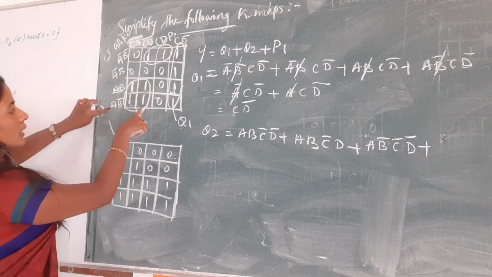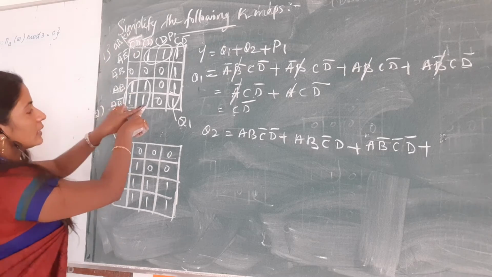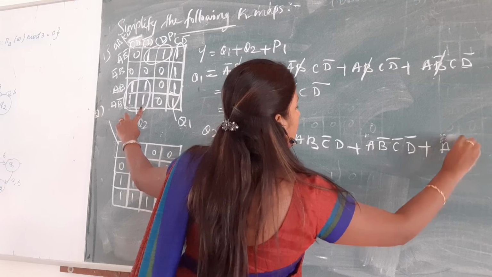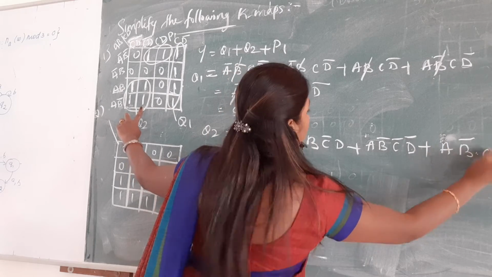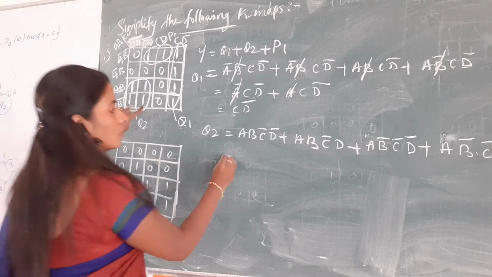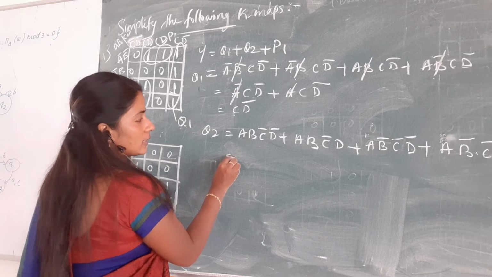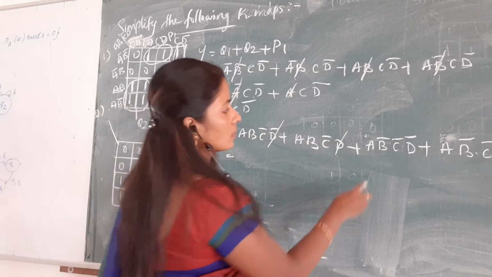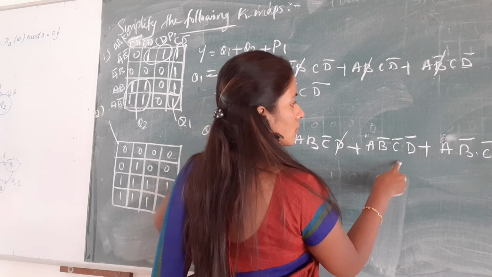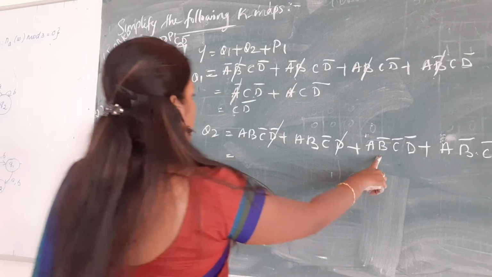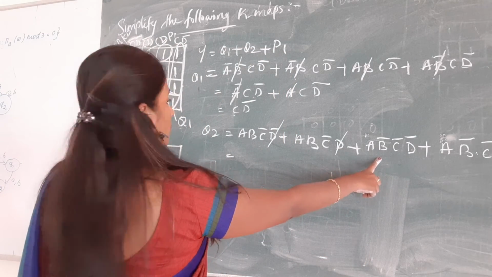Next last one, A bar, B bar, C bar, D. Equal to, cancel. A, B bar.